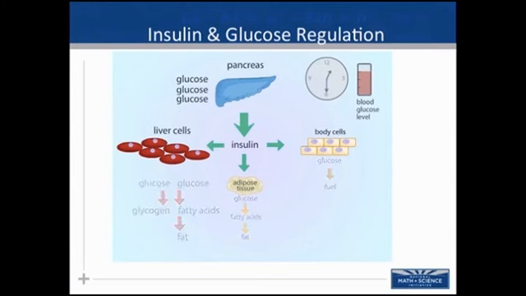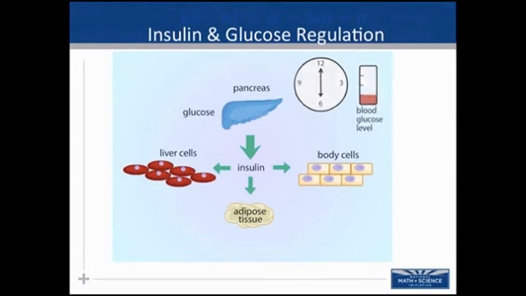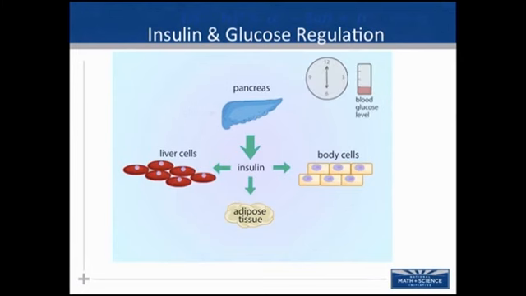As the afternoon passes, the cells continue to take up glucose, and blood glucose levels decrease. By 6 o'clock, all the glucose from the spaghetti lunch has been absorbed, and blood glucose levels have fallen further. The low blood glucose puts a brake on insulin release from the pancreas.